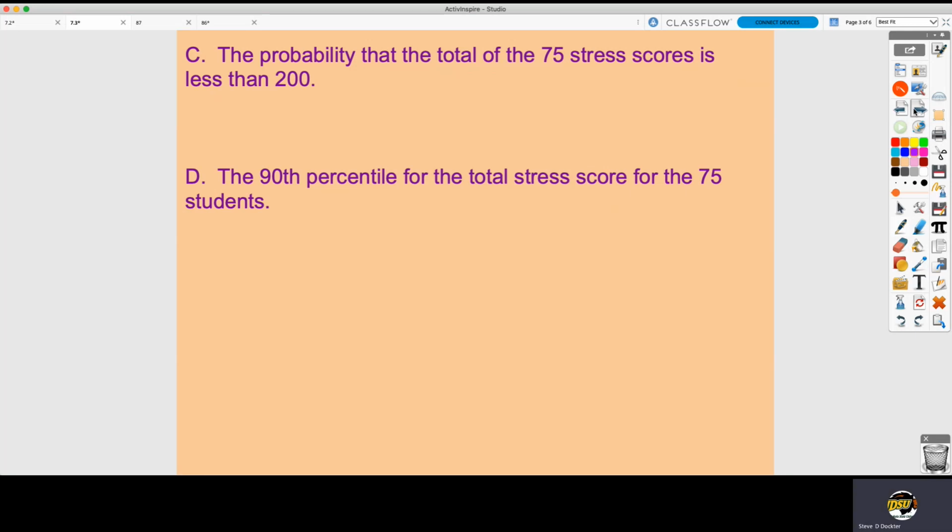Now there is a keyword in here that tells us something extra that we're going to have to do. What is that keyword? Total, right? Okay, I know it's the same thing as sum. All right, but it is, okay?